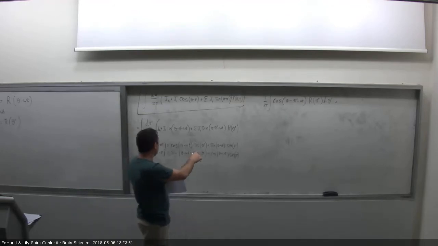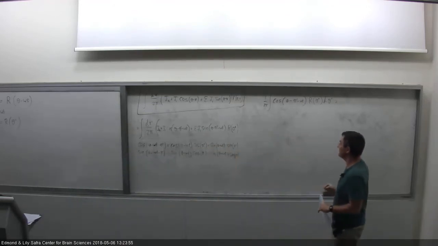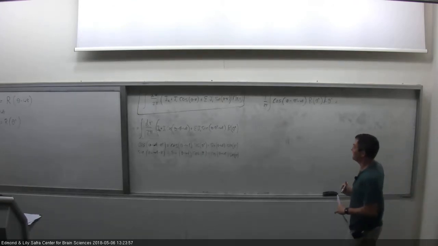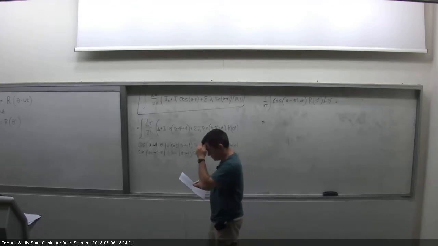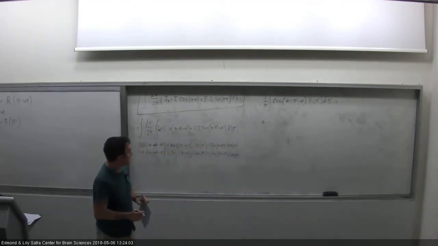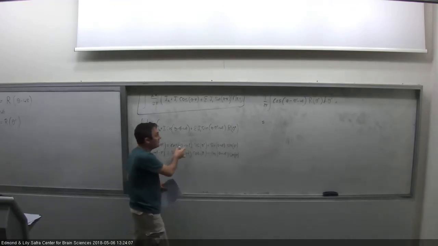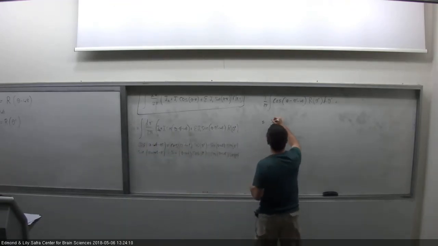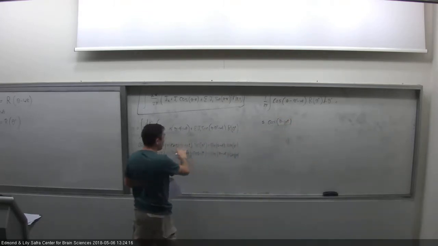This integral will have two contributions, one from the first term and one from the second term. So let's consider the first term first. We have the cosine of theta minus wt, because it's outside the integral.